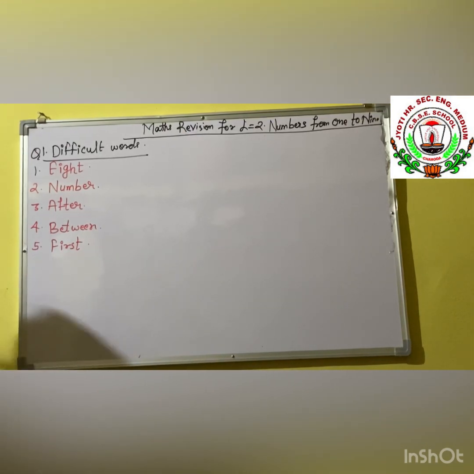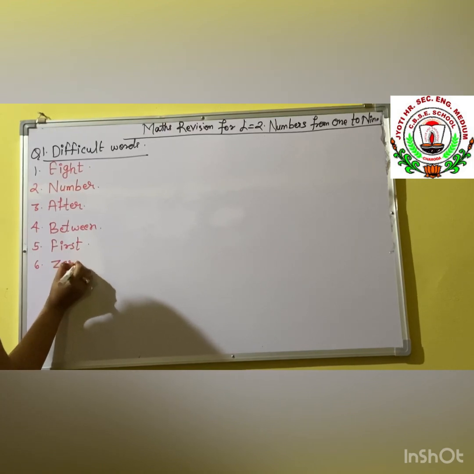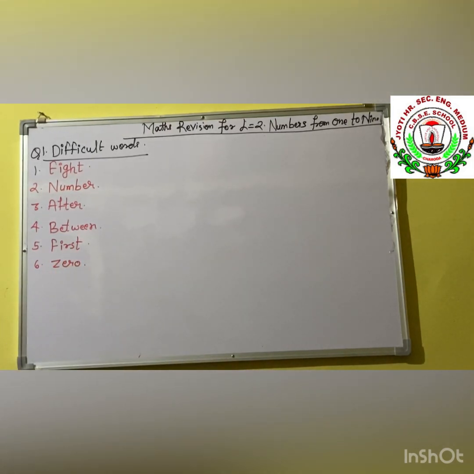I am going to add one more word, zero, Z-E-R-O. So these are your difficult words, students. You have to do practice. Read all these spellings at your home. Now note down these difficult words in your copy and do revision. Understood? Okay.